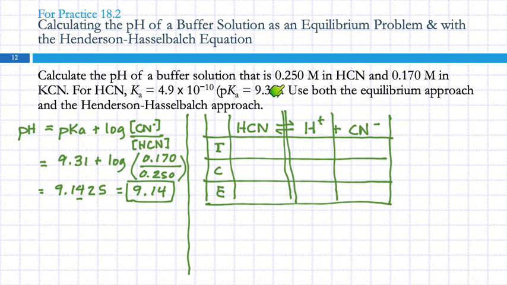We have initial concentrations for HCN, 0.250, and for CN minus, 0.170, and the hydrogen is approximately 0. Then we do the changes. This one's 0, so this side has to be plus X. The other side has to be minus X.